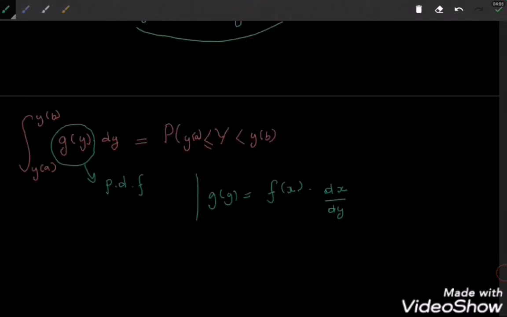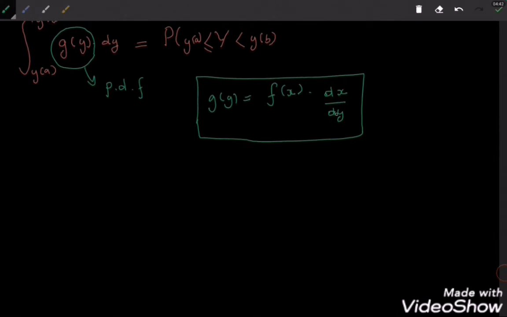So this is what I was looking for from the beginning. This is the relation between the probability density function of x, which is the pixel value in the original image, and the probability density function of the new image, or the enhanced image. And here the two variables x and y have appeared in this formula.